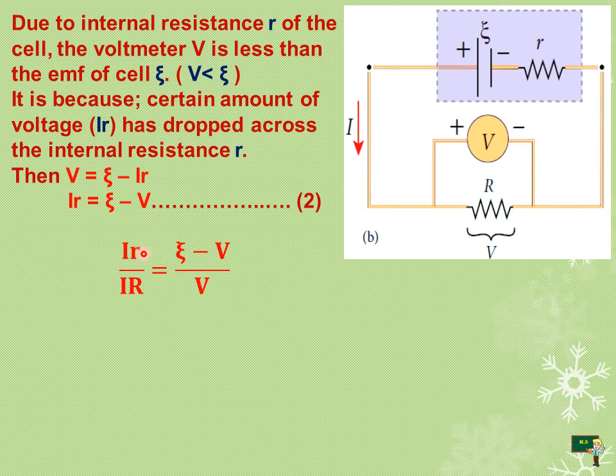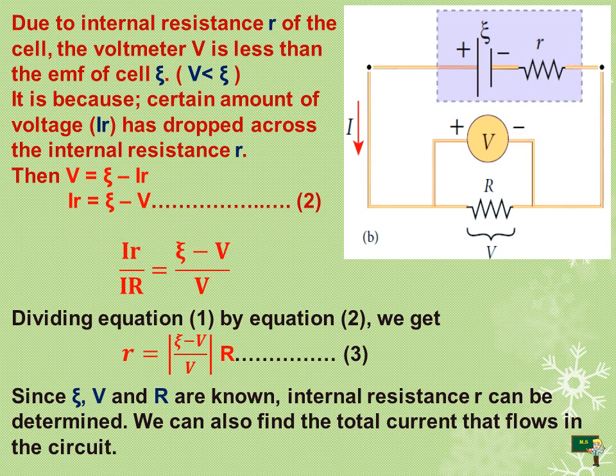Dividing equation number 2 by equation number 1, Ir divided by IR is equal to psi minus V divided by V. So small r is equal to psi minus V divided by V into R, which is given by equation number 3. Since psi, V and R are known, internal resistance small r can be determined. We can also find the total current that flows in the circuit.